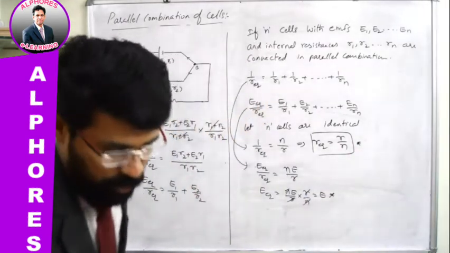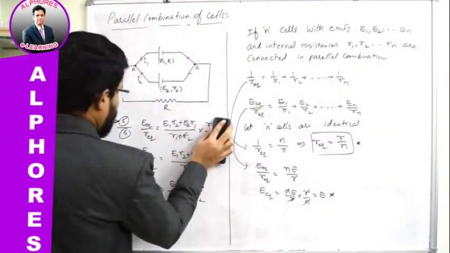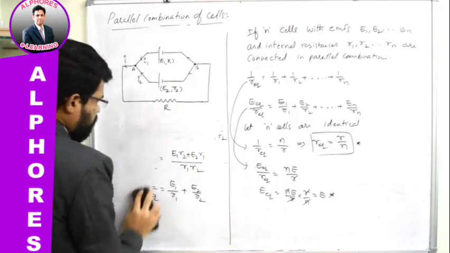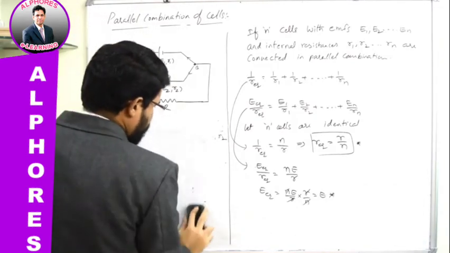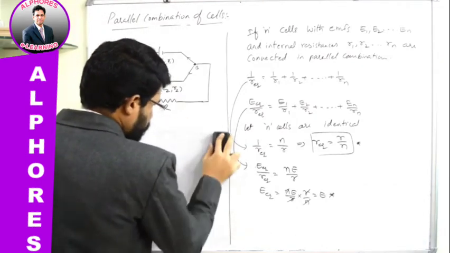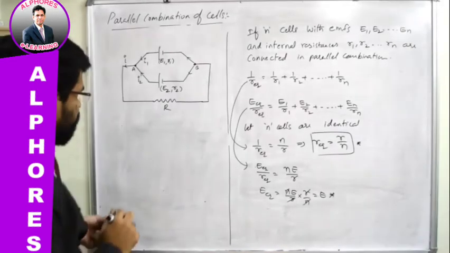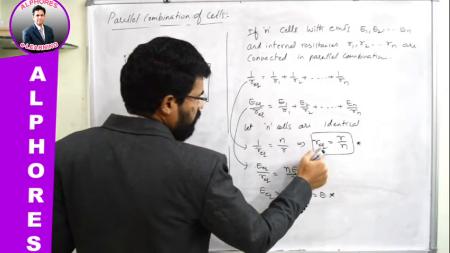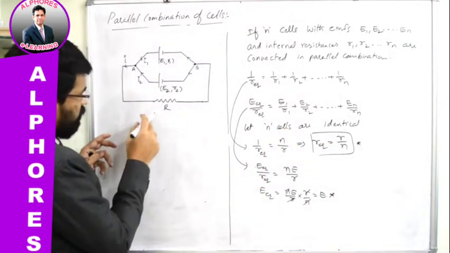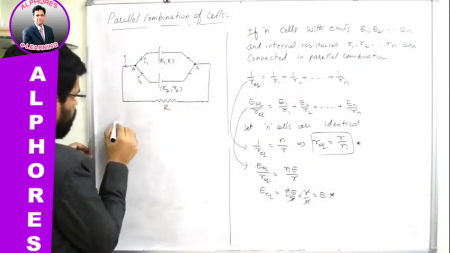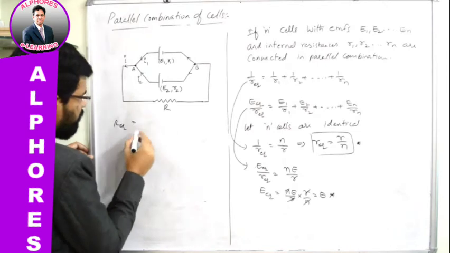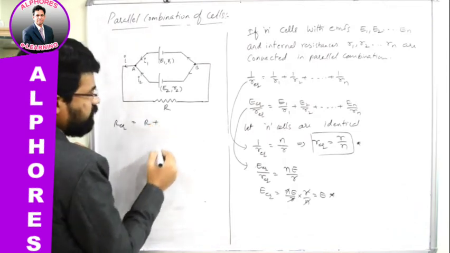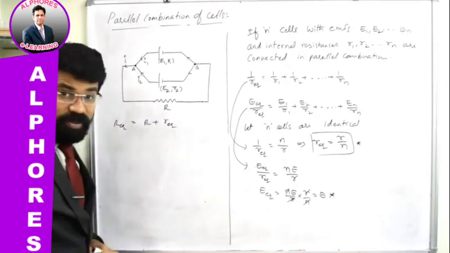So let me proceed with further discussion. What happens if external resistance R is also taken into account? We can have a few more conclusions. For example, effective internal resistance comes out to be R by N. What about the total resistance of the circuit? R equivalent can be written as R plus R equivalent, isn't it?